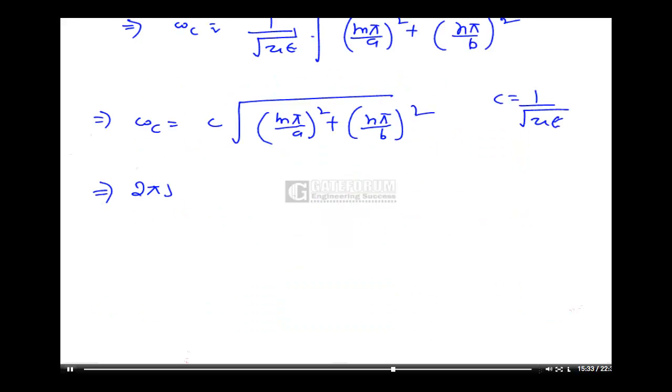Omega c I can write as 2 pi fc, equal to c into the square root of, taking pi square common, (m by a) whole square plus (n by b) whole square.